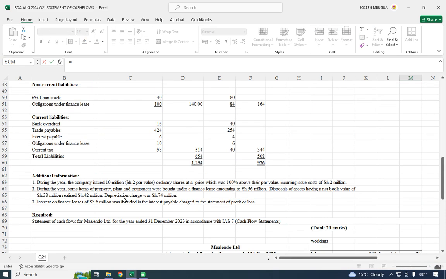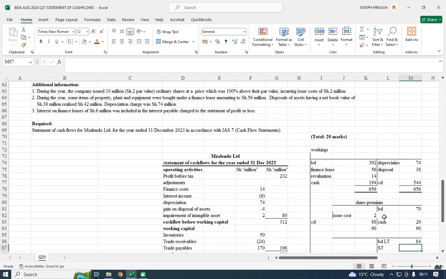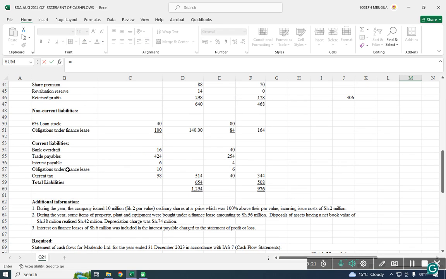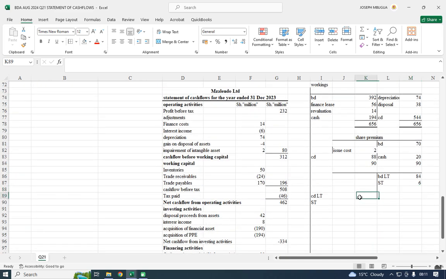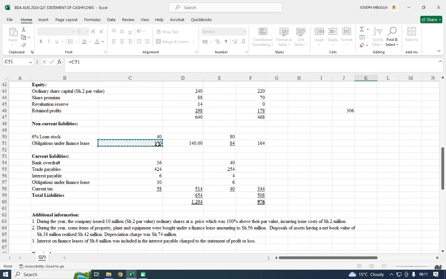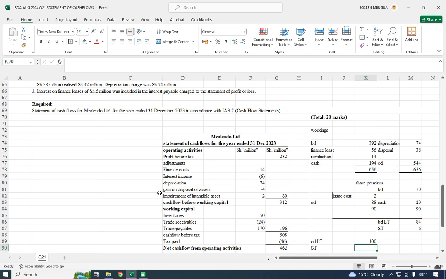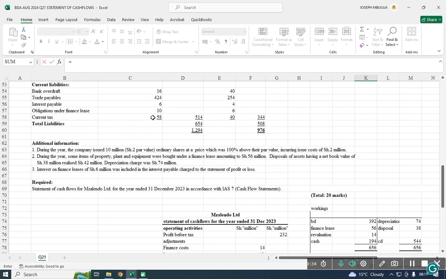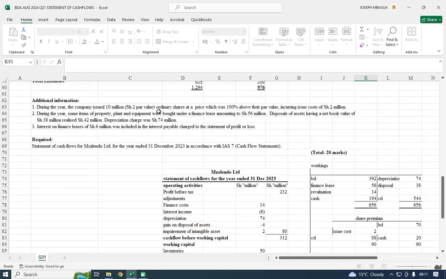The long term, we had 84 at the beginning, and the short term obligation under finance, we had 6. For the carry down, the long term we had 100, and the short term we had 10.